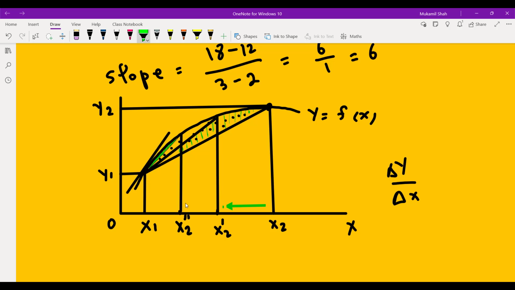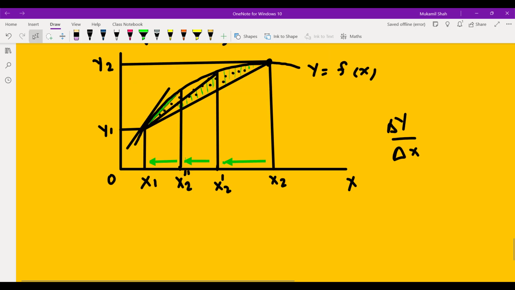Look at it. We then further minimize the range by this much, and then we can further restrict it. Mathematically this whole process can be reported as taking the limit as change in x tends to 0.